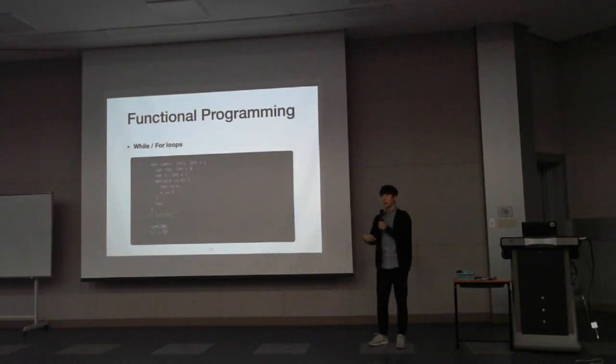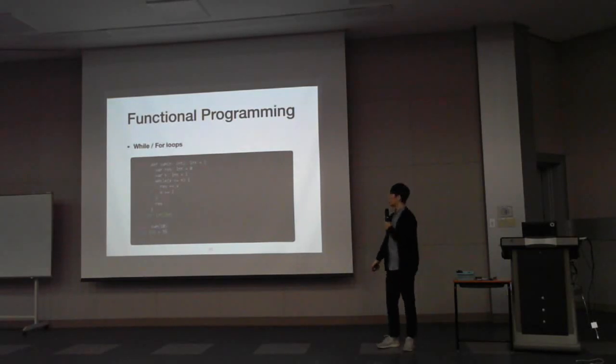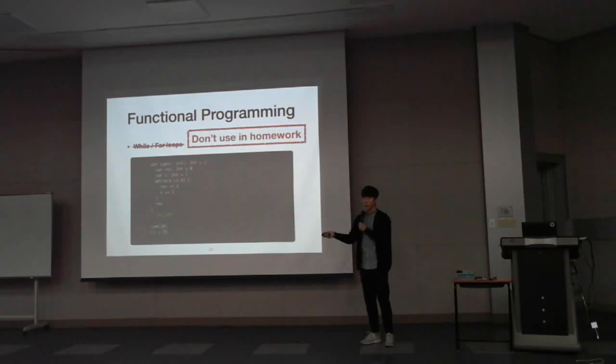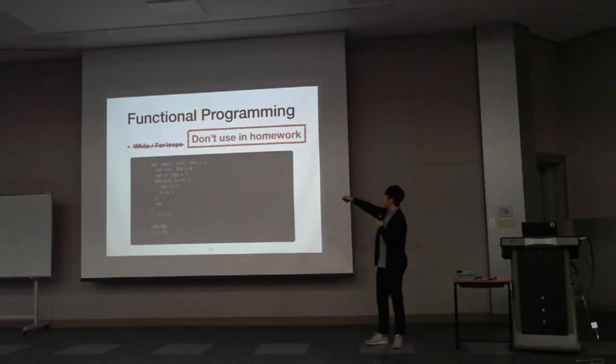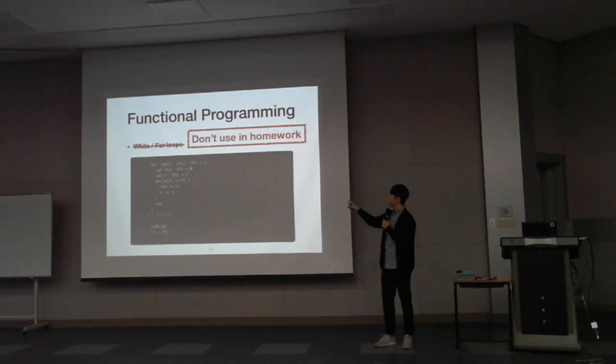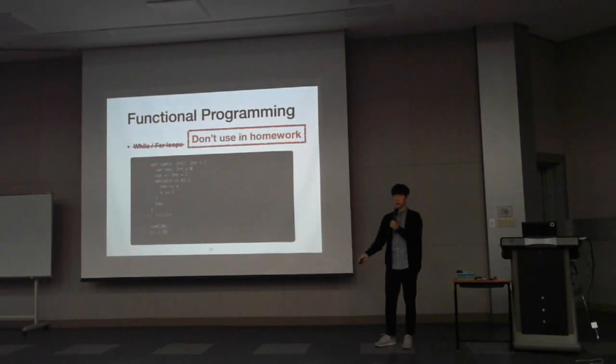So we will use functional programming style code in this course. In this course, we will not use while or for loops. We recommend you use functional style loops, so recursive functions, instead of while or for loops. So do not use while or for loops in homework in this course.